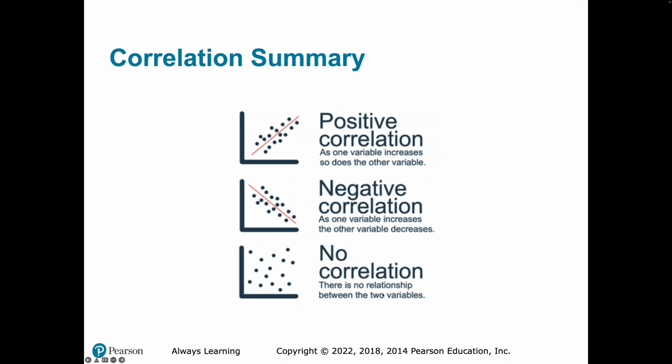The correlation coefficient for the bottom would be equal to 0. I would estimate this correlation as being probably 0.8. I would estimate this correlation as being probably negative 0.8. And I would estimate this one as being close to 0.